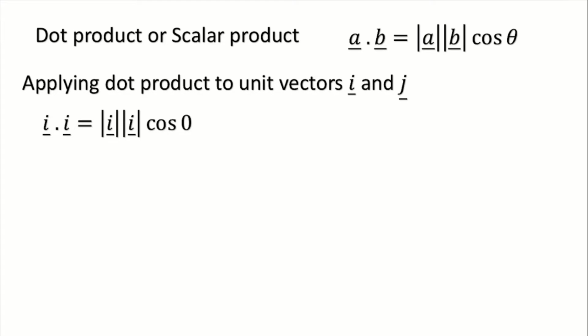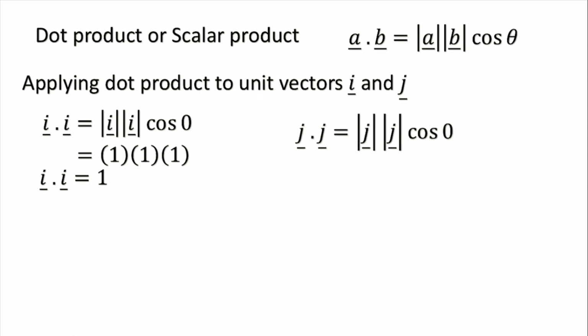We know that the magnitude of a unit vector is 1. So I get 1 times 1. Cos 0 is 1. So I can write i dot i as 1. The same goes for j. j dot j equals modulus j times modulus j times cos 0. Then 1 times 1 times 1. Then j dot j equals 1.